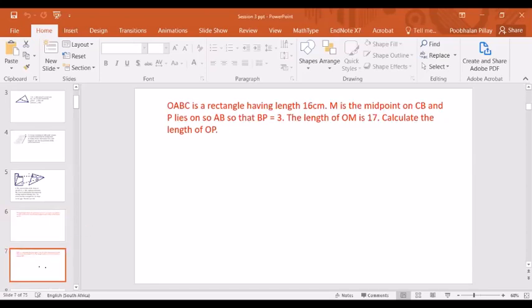This time you draw your own rectangle. Sorry, I'm taking too long over this because I'm trying to recall what I did and I can't recall it.